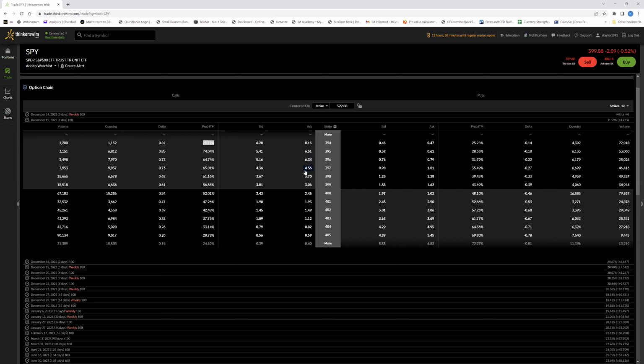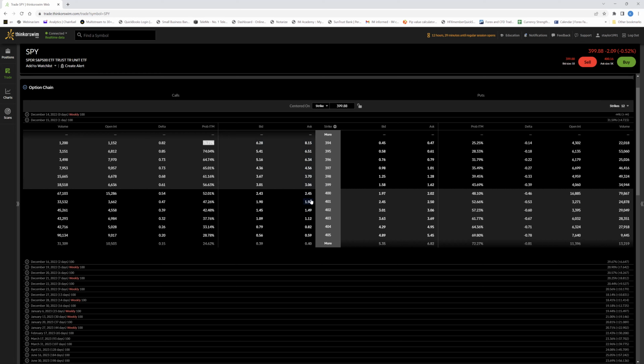So in the money is going to cost you more per contract, because the probability of the market moving in your direction is very high. That's why we say typically we want to take one in the money, or at least 1 to 2 out of the money with a 0.3 delta or higher. As you can see, one in the money for a call is $300, and we could take the same call for $193.